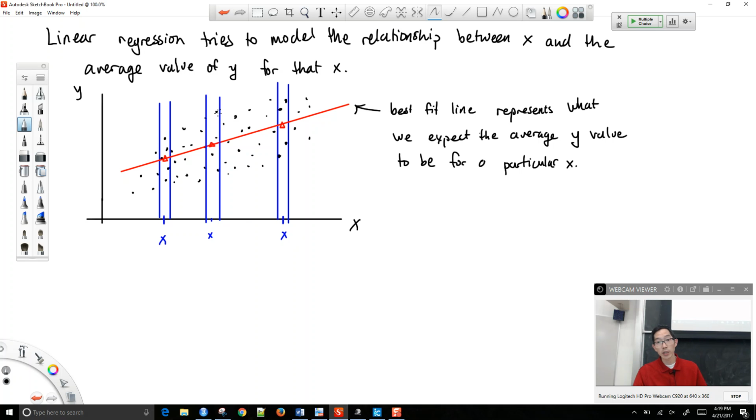Of course, any actual value of y could be larger or smaller than that.